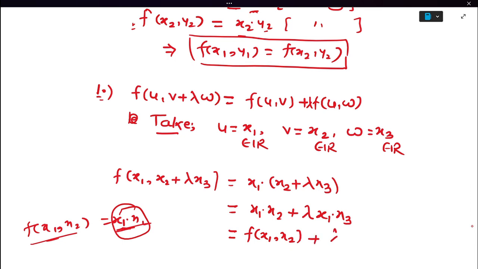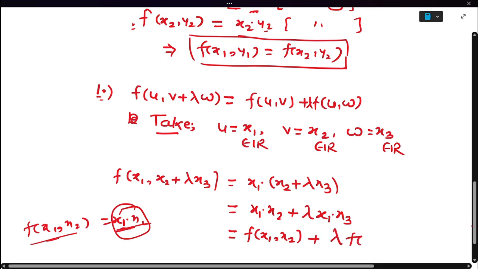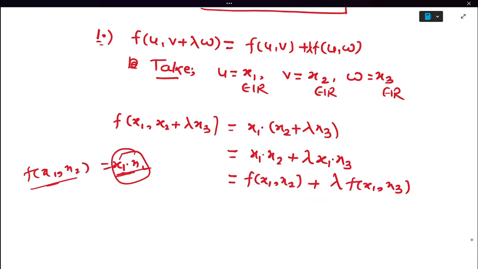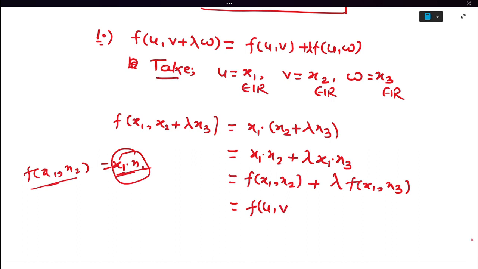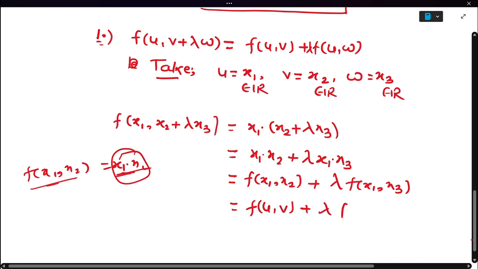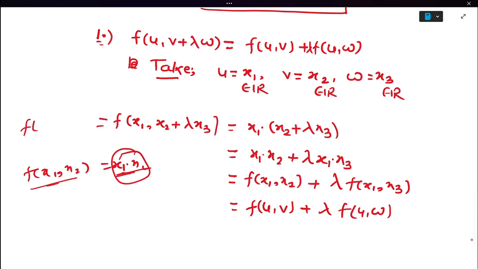Okay, and this can be written as f(x1, x3), and this will be equal to, with x1 being u, v plus lambda f(u, w), and this is f(u, v plus lambda w).